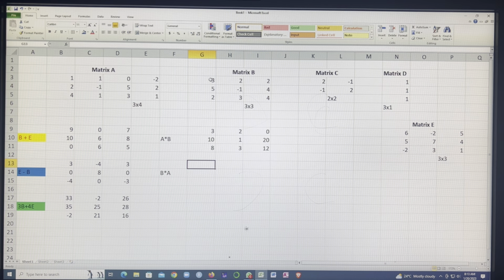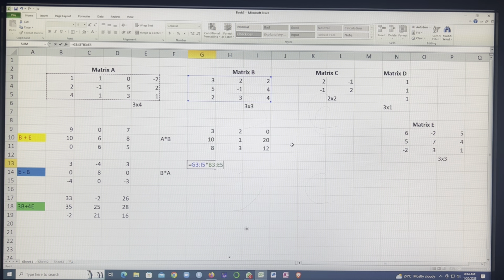So I highlight this matrix. Okay, write an equal sign first. I highlight this matrix times. I highlight this matrix. Then I hold Control and Shift together. I press the equal sign. It gives me 3.